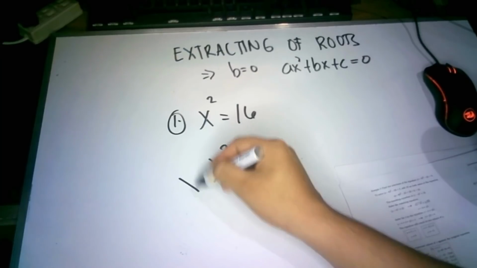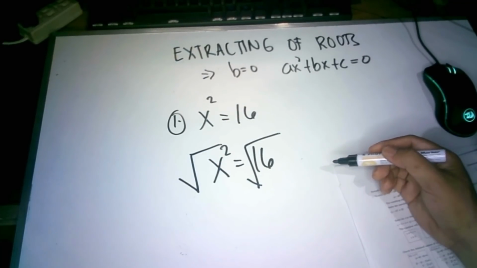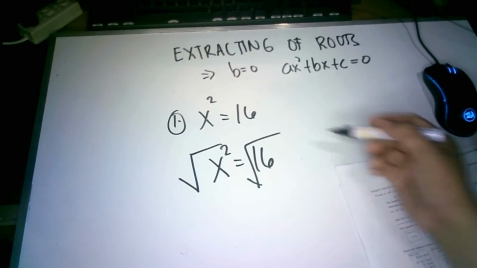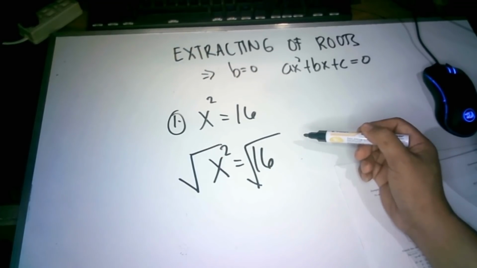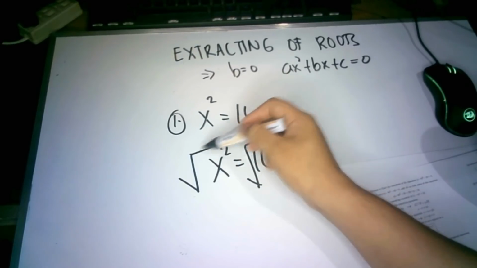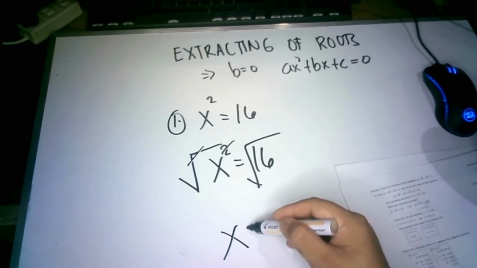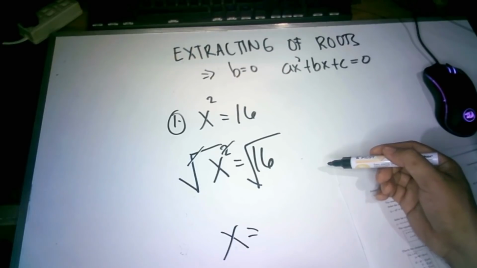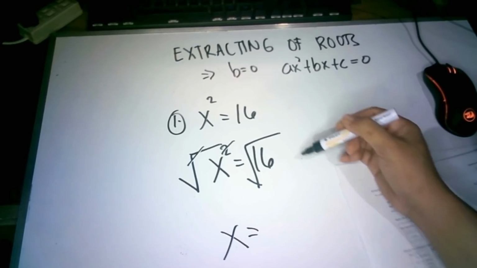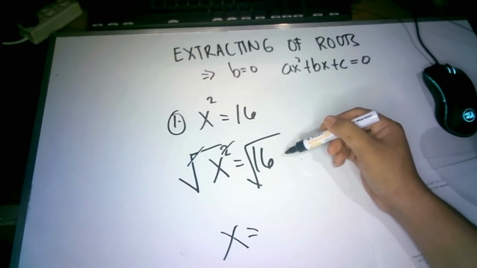And then, gagamitin mo yung radical sign na tinatawag natin square root. Kasi itong radical sign na to, ang ibig sabihin dyan is exponent na 1/2. So if you're going to raise this one into exponent na 1/2, macancel ang 2, ang maiiwan na lang is x. After that one, alam na natin, since 16 is a perfect square, so meron din siyang root. Ano ang square root ng 16? Yes, di ba?